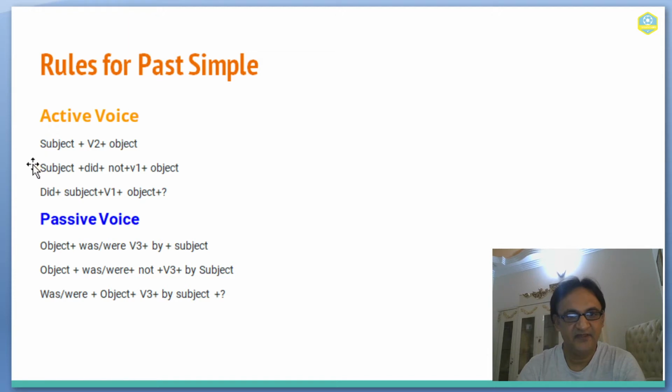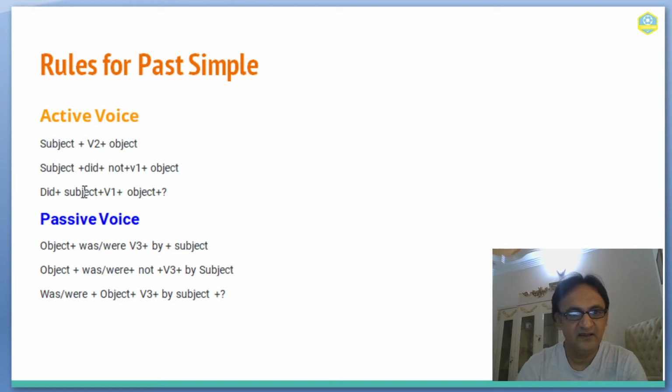Similarly, if you want to make a negative sentence of the past simple, you have to use did with not. When you use did not, you have to change the second form into the first form, and then the object.